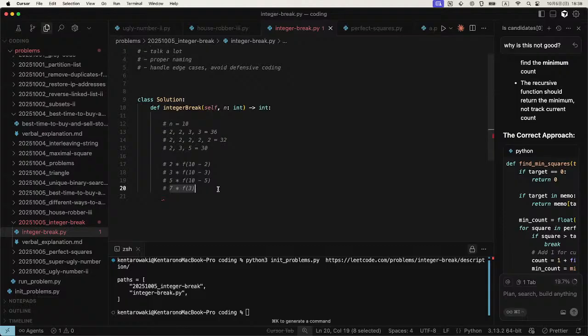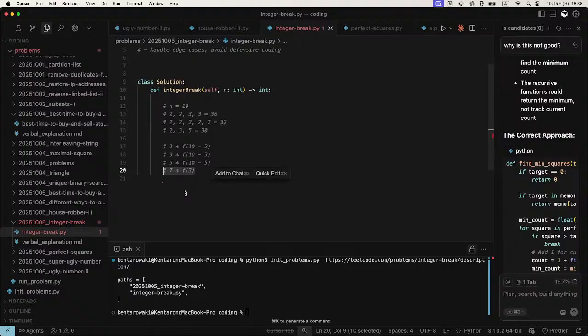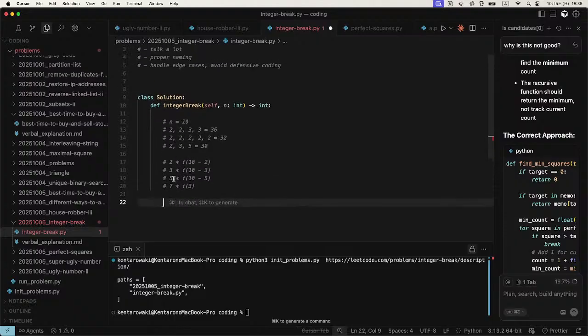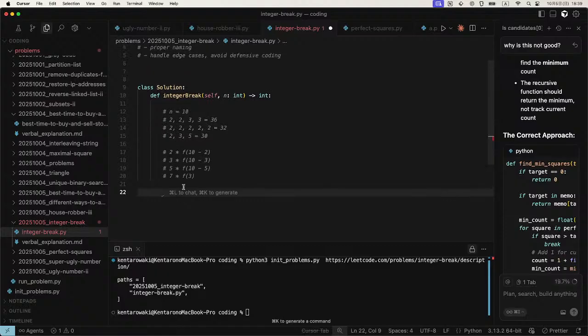Okay, but I cannot prove that we don't have to do this case, so I will go for checking all possibilities.